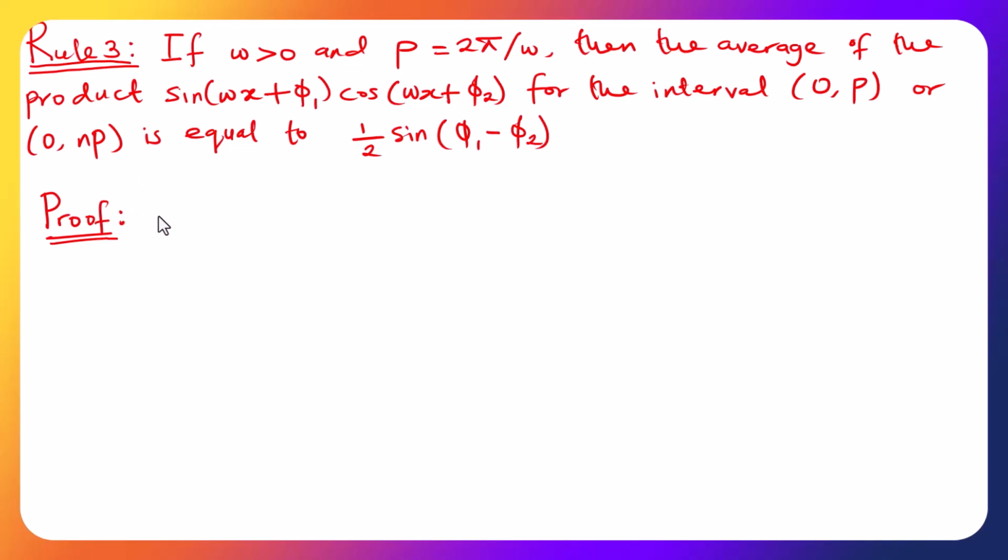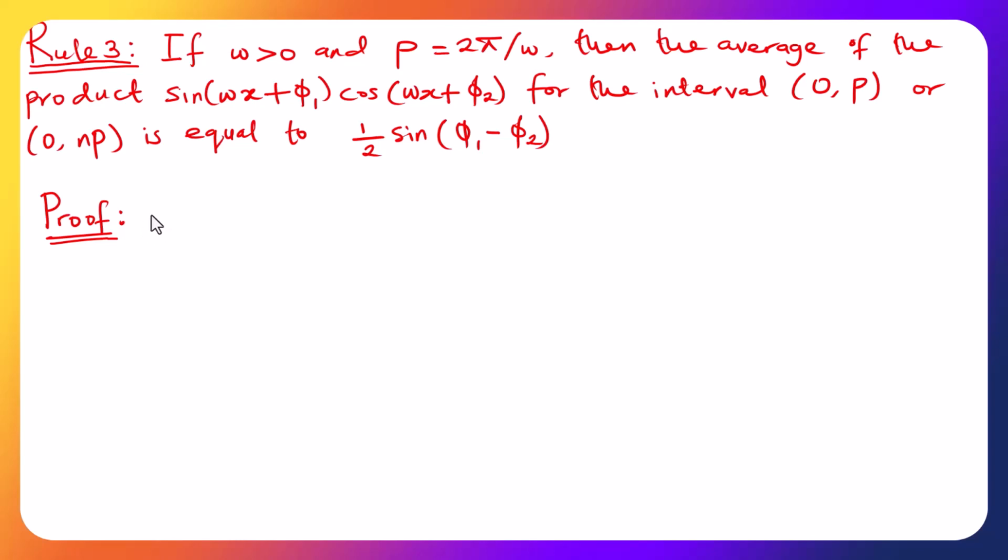So rule 3 says that if omega is greater than 0 and p is equal to 2 pi over omega, then the average of the product sine of omega x plus phi 1 cos omega x plus phi 2 for the interval 0, p or 0, np is equal to 1 over 2 sine of phi 1 minus phi 2.